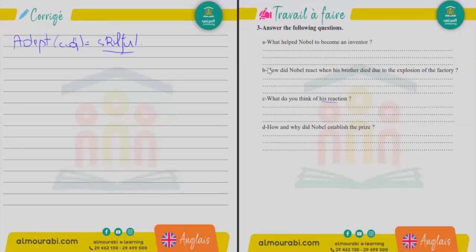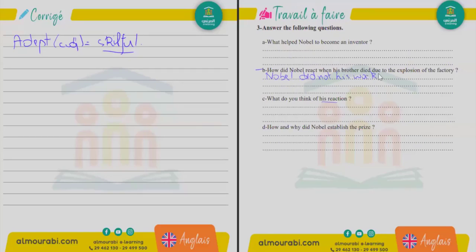Very good. So, what would you say? Noble did not stop his work. That was his reaction. Even if his brother died, he didn't stop his work.